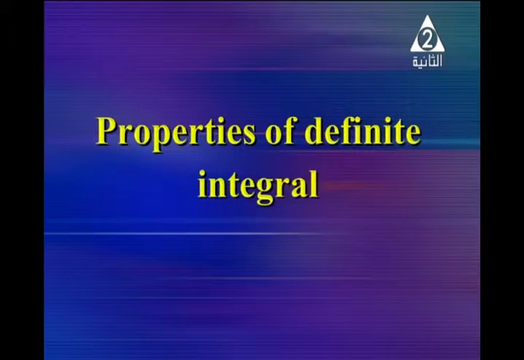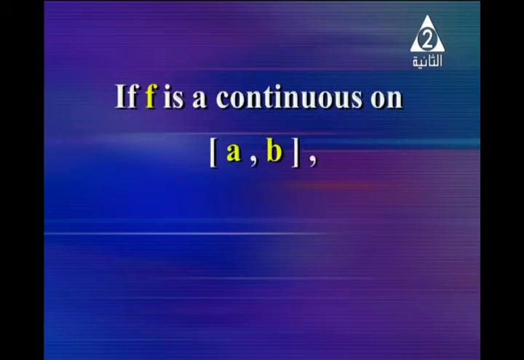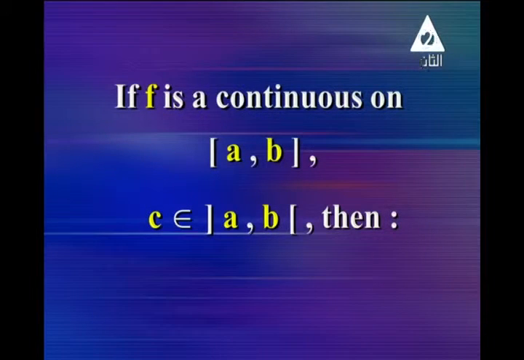Properties of the definite integral. Remember, these properties of the definite integral are very important. If the function is continuous on the closed interval a, b, and c belongs to the open interval a, b, what do you deduce?